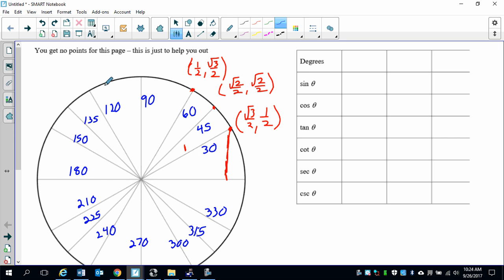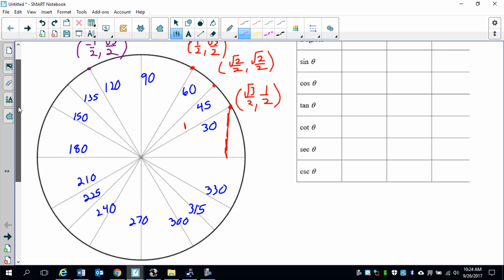So if we look into our next quadrant right here, so we'll follow around the 60 degrees going around to each place that it has a reference angle. So right here, the x value is now negative 1/2 because I'm in quadrant 2. The y value is the same, okay?